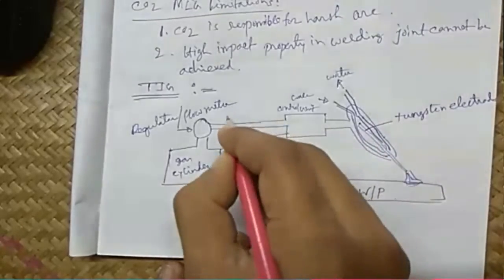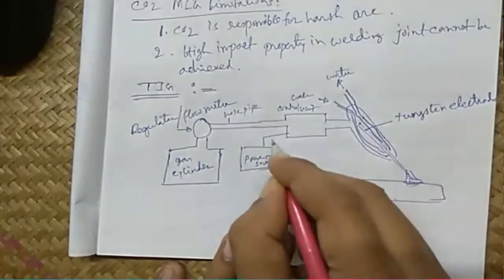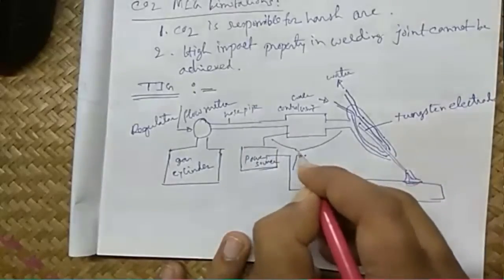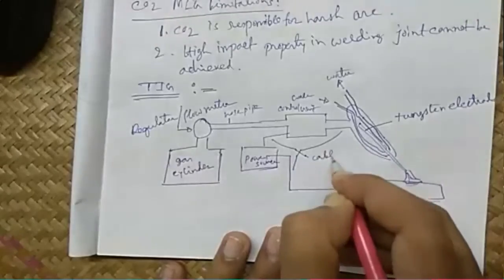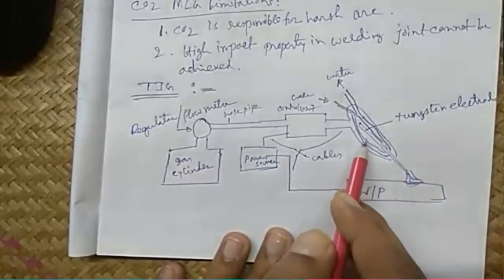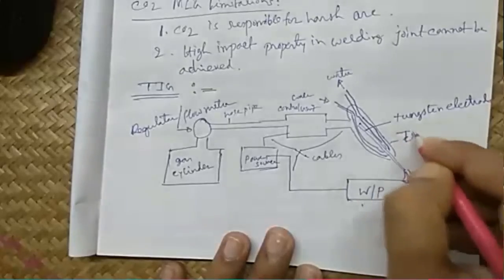So this is the hose pipe for gas flow. These are cables, and this is the electrode, or you just call it the TIG gun.